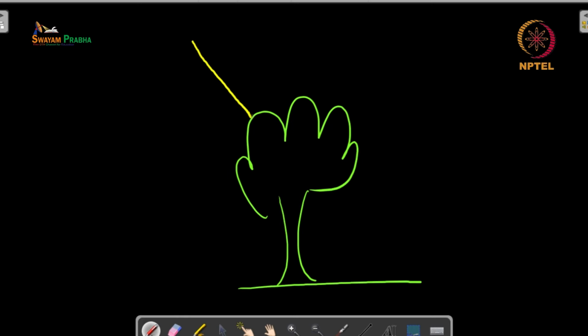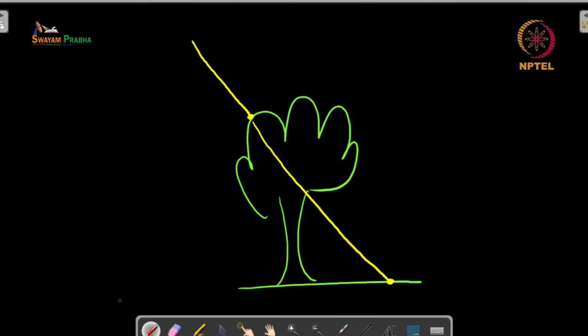Now the first return will be from this point where the pulse is interacting with the canopy, whereas there will be some amount of light that will be traversing, and then it will hit this spot, and then it will come back.